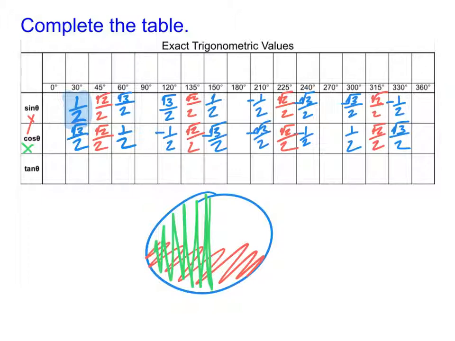And so I filled in all my root 2 over 2's, and again, the signs are going to work the same way, where everything that's to the left, cosine is negative, and everything that's down, sine is negative. All right, we've filled in just by following a couple patterns there. We only knew a couple things. I knew the sine of 30 was 1/2, and I knew the sine or the cosine, doesn't matter which, of 45 degrees was root 2 over 2.